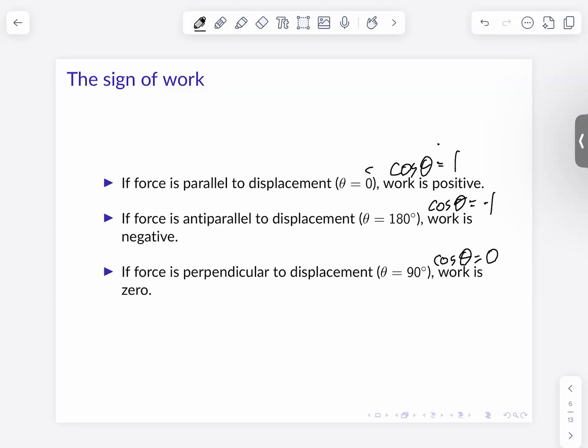Change in energy is work done. If work is positive, change in energy is positive, yeah? If force is pushing back against the direction of motion, is that force helping me? That force is hurting me. That force is taking energy out of my system. So if force and displacement are anti-parallel, that work is negative. Energy is being removed from the system.